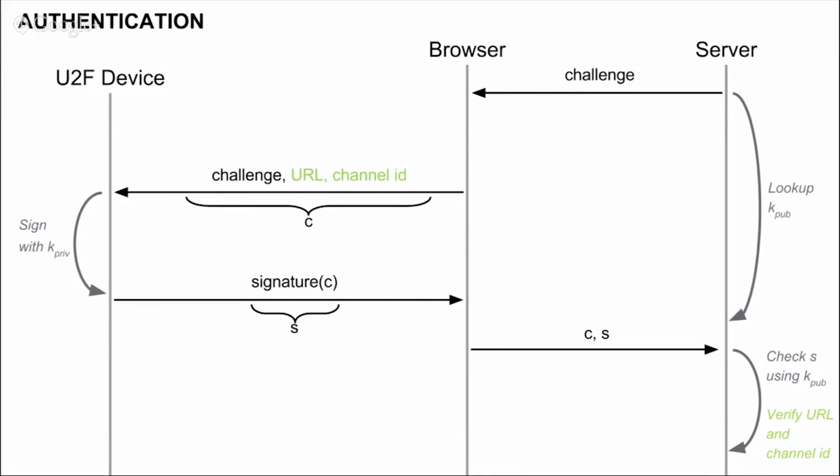Yeah. So if I'm a server at Microsoft.com, and I see a finished authentication coming in, it's signed by the correct device, and the URL says Microsoft.com, because the browser, not the user, the browser has asserted that the visited URL was, in fact, Microsoft.com.